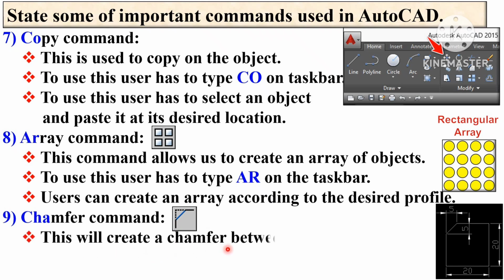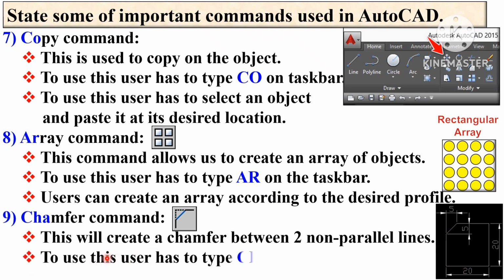This will create a chamfer between two non-parallel lines. Keep in mind, any non-parallel lines, it doesn't mean it is always 90 degrees. To use this, the user has to type CHA on the taskbar. So CHA is the short key for the chamfer command.